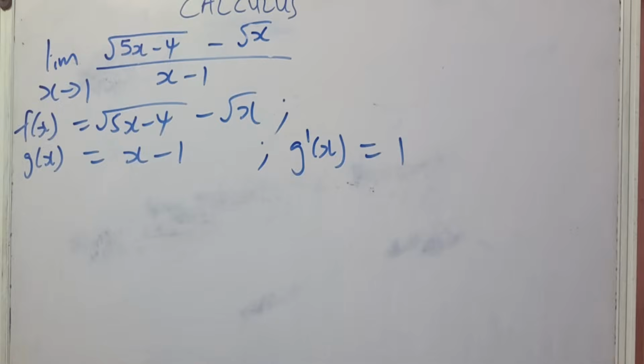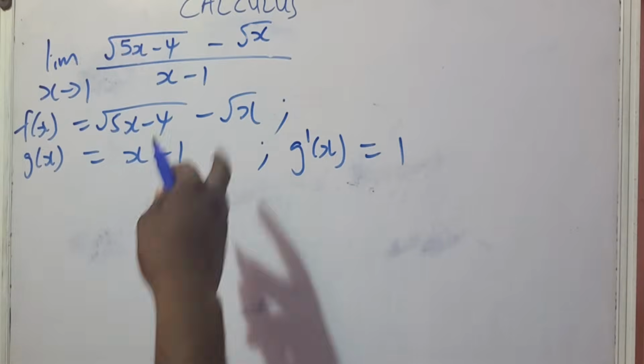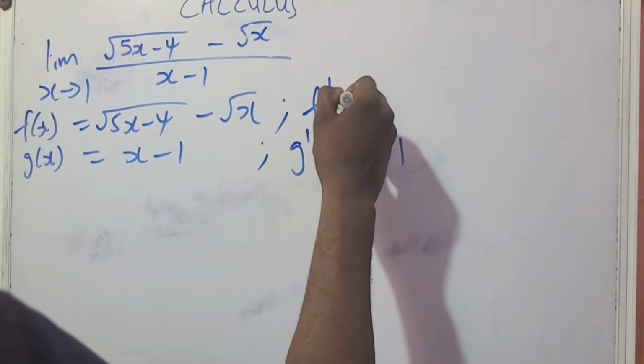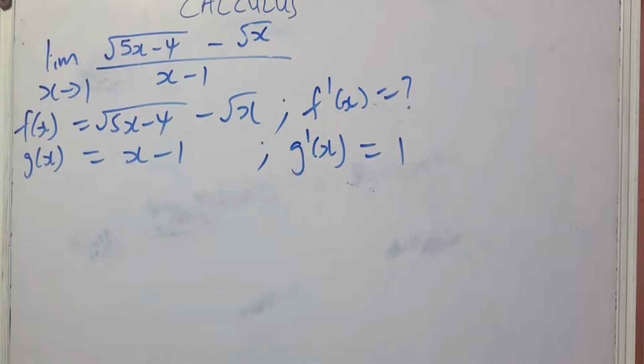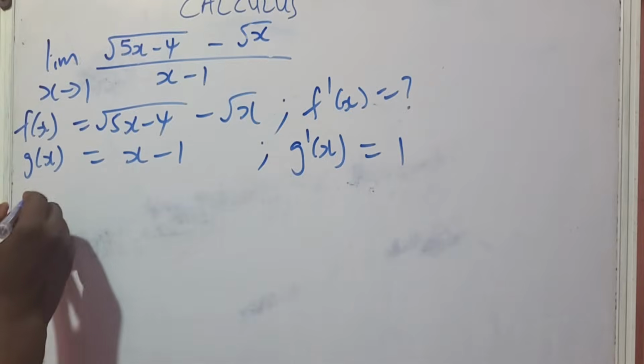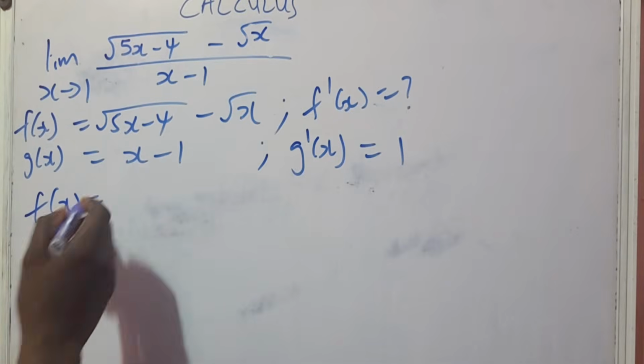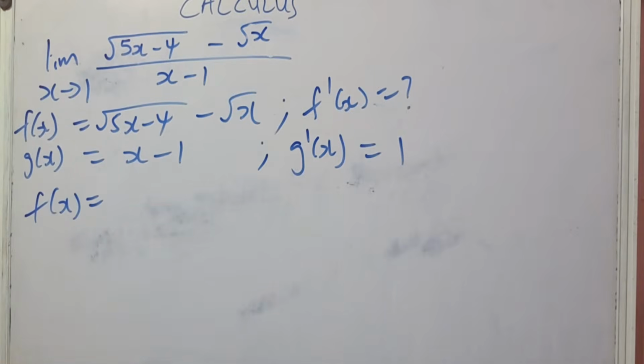Now, this is one of the things that I believe will test our understanding of chain rule. So look at what we have here. I want to find the derivative of f of x. Now, you cannot just go on to just solve this. You have to remember some things. Let me rewrite my f of x in such a way that will make it easier to relate with and make it much more ready for differentiation.